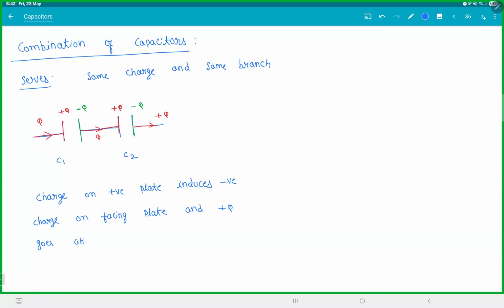But when you see the overall thing, it gives you a feeling the charge is just going through. So remember, charge will never jump across the capacitor.